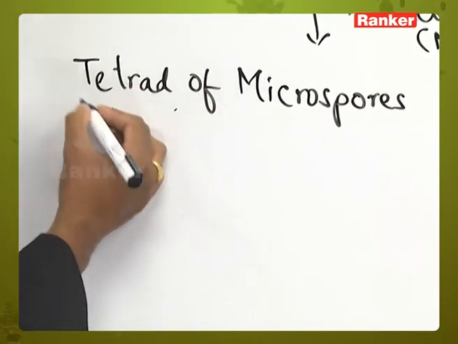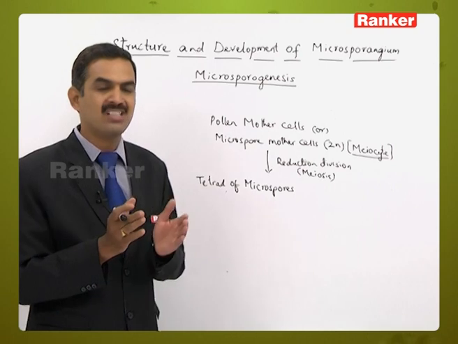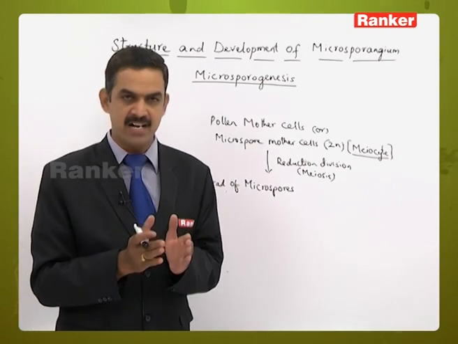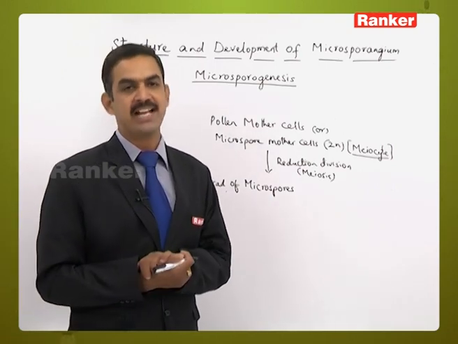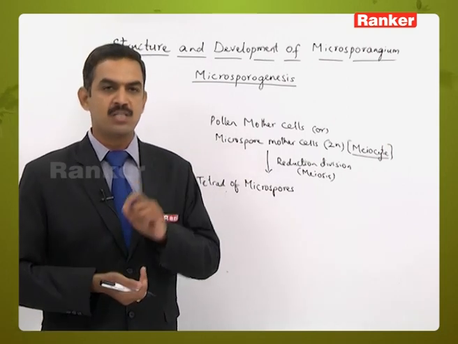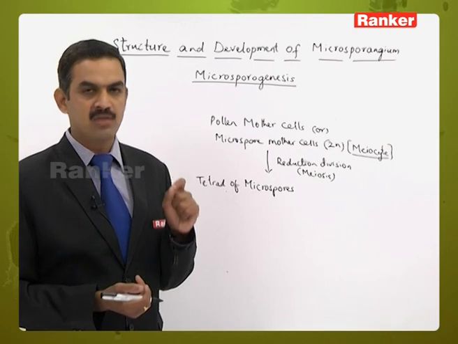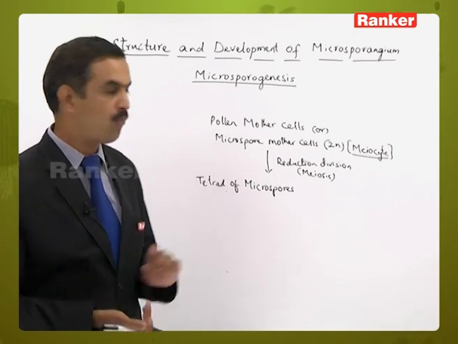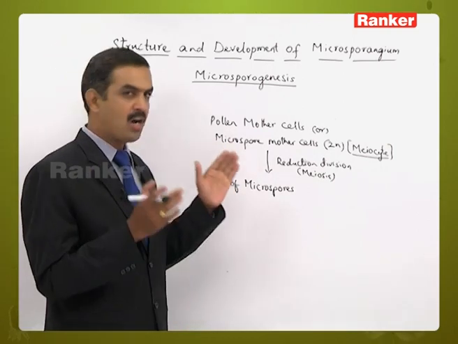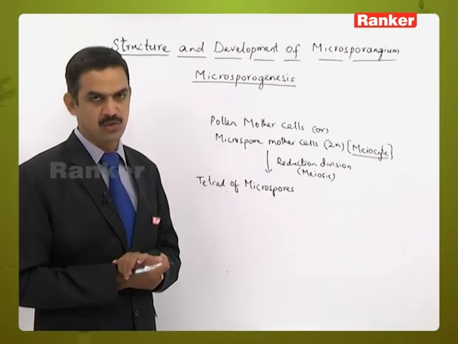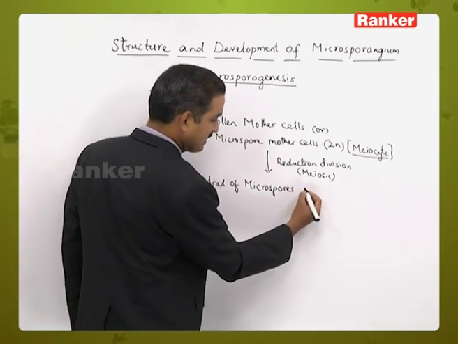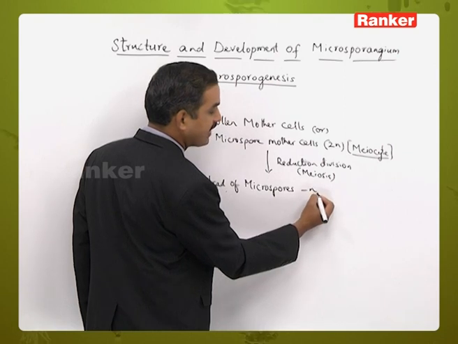Because tetrad means 4 are present and all the 4 are not separated as and when they are divided. They have been bound with the help of a specialized complex organic material called callose. The callose is a structure which is helping in attachment of the 4 microspores, and they always remain as one structure only. And each of the cells in the microspores is haploid in condition.